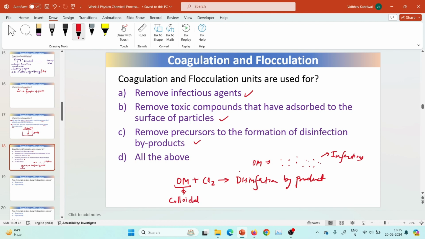So disinfection byproducts can be removed if colloidal organic matter is removed. So the answer is all of the above.